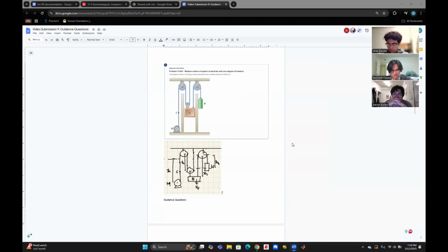We can calculate the velocity of C, I mean how fast S1 and S2 change, as well as how fast S3 and S4 change over time.